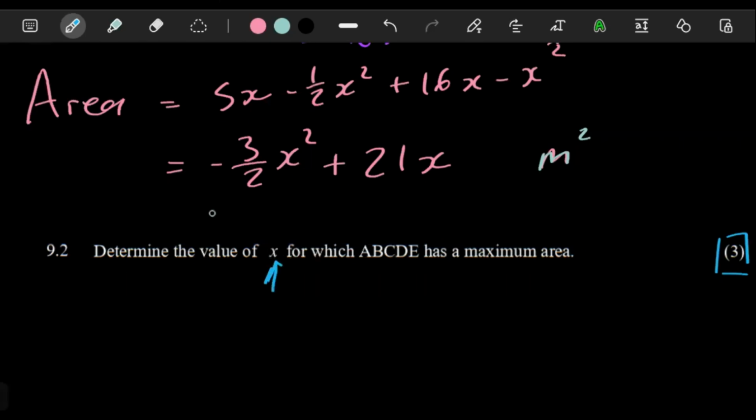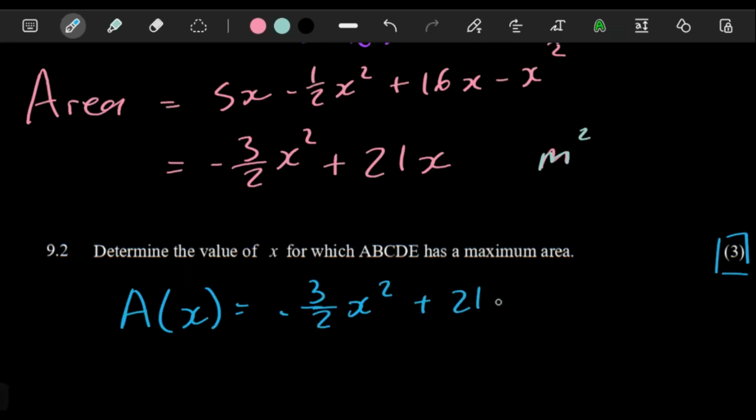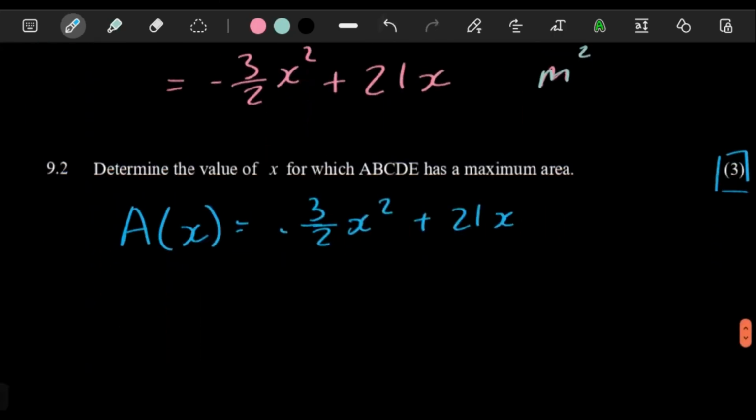Because these kinds of questions, all they require you to do in terms of getting the maximum area, or the value of x for which this has a maximum area, is to take your area equation, which is already in terms of x, which is good. For us to get the value of x for which our shape has a maximum area, we have to differentiate once, and then we have to make the equation equal to 0.